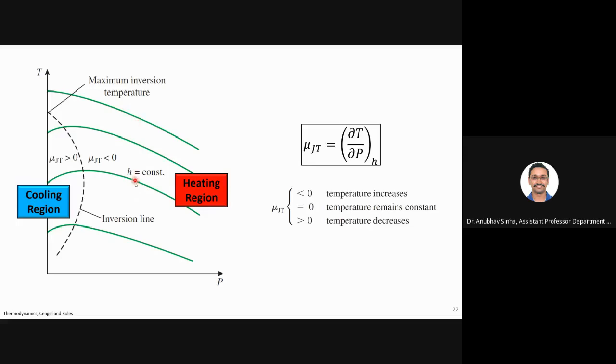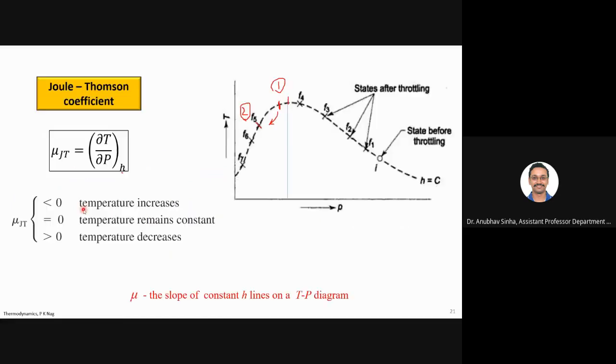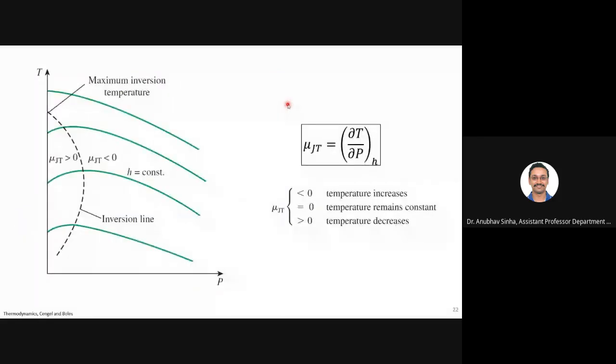Now for each curve you will have a maxima, like we have seen in the last slide. So you draw different constant enthalpy curves and connect all the maxima. That is called the inversion line, connecting these maximum points where your slope becomes 0.